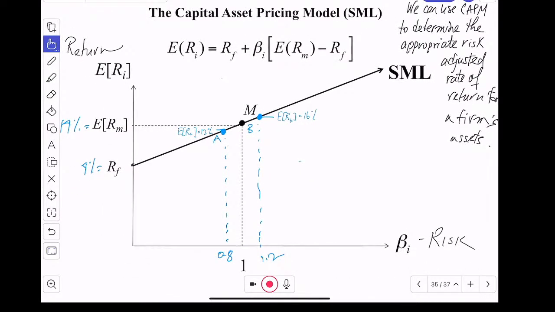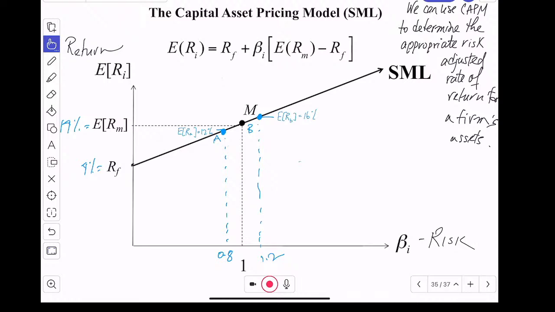All right, so that's what we're doing. We're using the line to trace from risk to return expected, adjusting for the riskiness of the asset, compensating by the market risk premium over and above the risk-free rate.